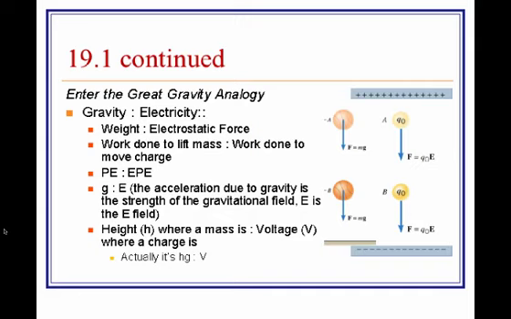So we have gravitational potential energy, and we have electric potential energy. The acceleration due to gravity is the equivalent of the strength of the electric field at that point. And the other thing that we're going to start talking about is voltage, which is a difference in electric potential. So it's the difference in potential between 2 points.